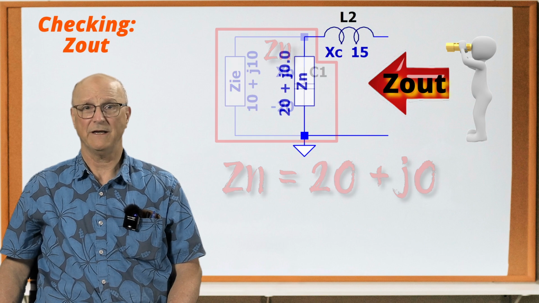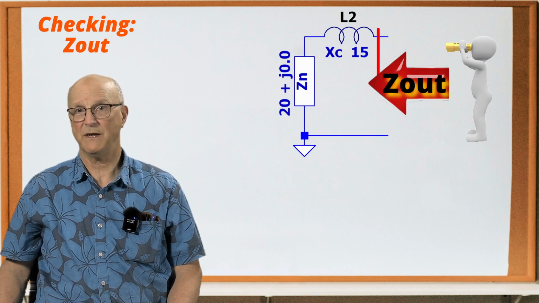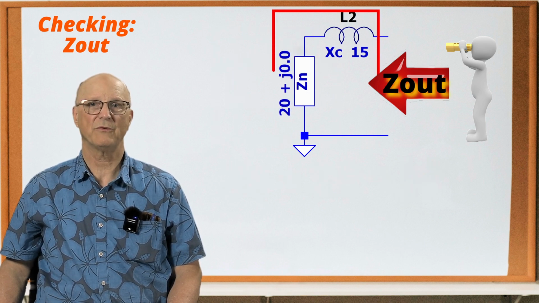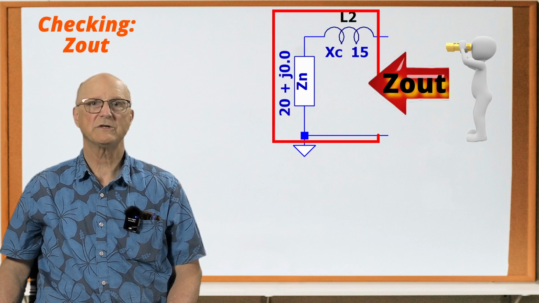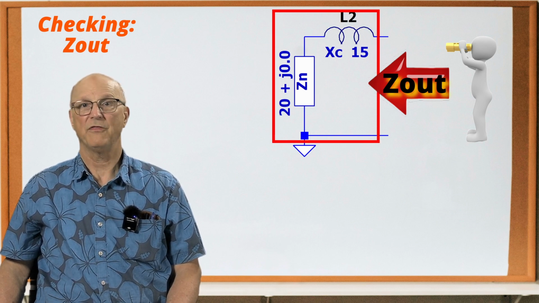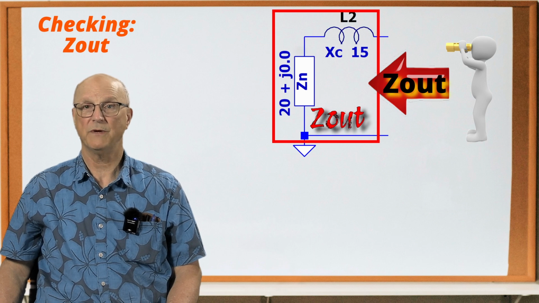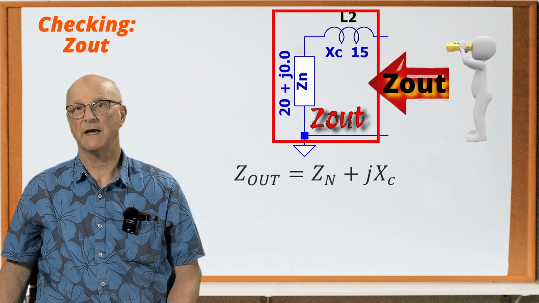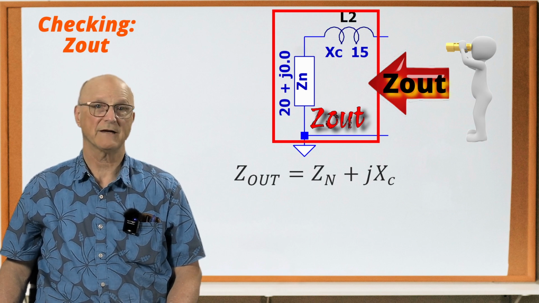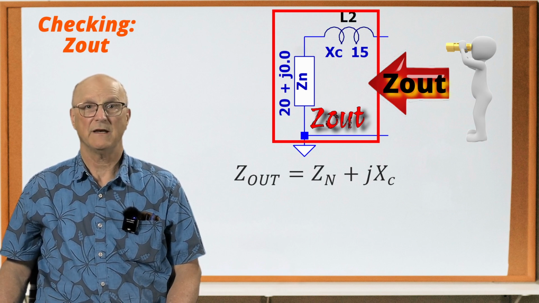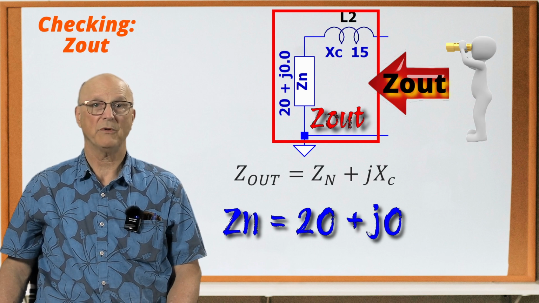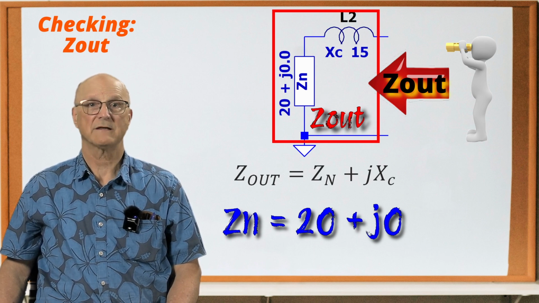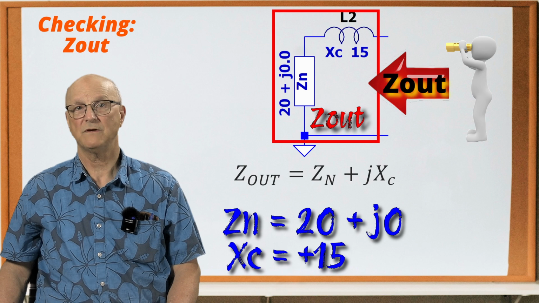And now, finally, we get to see that this impedance is in series with the reactance of L2, which is XC, and that this is the output impedance. This means that our output impedance is equal to Zn plus jXC, with Zn equal to 20 plus j0 and XC equal to 15.